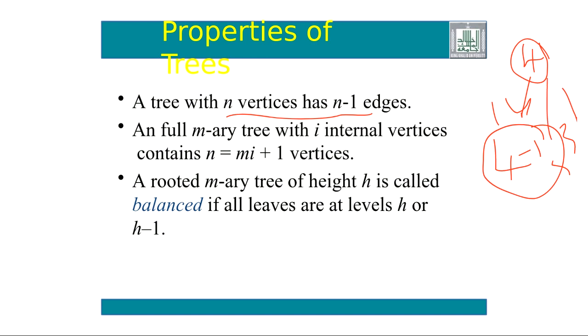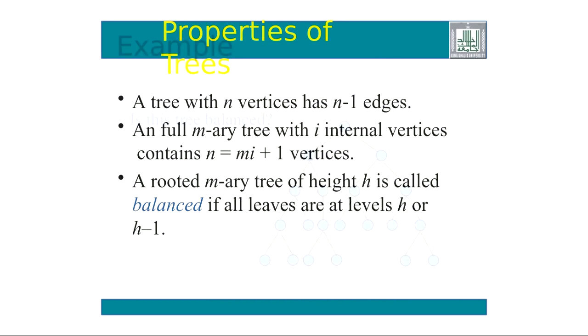And a full m-ary tree with i internal vertices contains n equals m i plus 1 vertices. And a rooted m-ary tree of height h is called balanced if all leaves are at levels h or h minus 1. If the tree contains balanced levels, we can say it is a balanced tree.